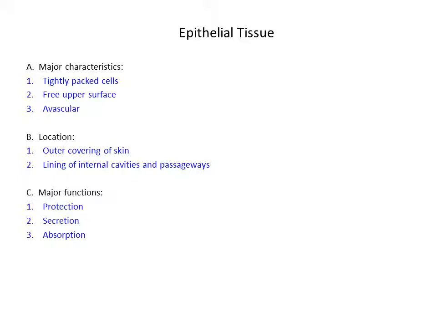So when you have a nice sheet of cells, operative word, sheet of cells for epithelia, remember that they form surfaces. Because they are so into binding to each other and creating these surfaces, they don't really have much room for the irregularities that are caused by vasculature. So they do not have access to their own blood supply. They get it indirectly through the connective tissue that's underneath it.